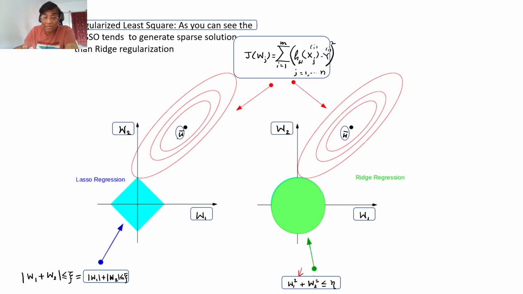ridge regularizer, as you have seen, Wj will diminish as the iteration goes on for a particular data set. Here the data will determine which W will remain, which W will be insignificantly determined.